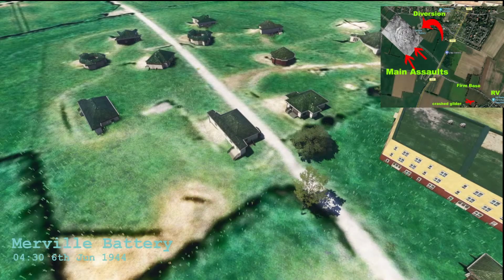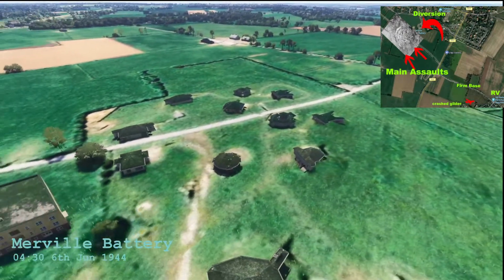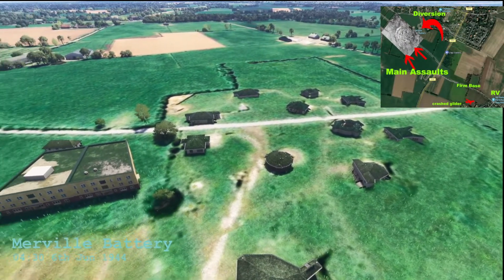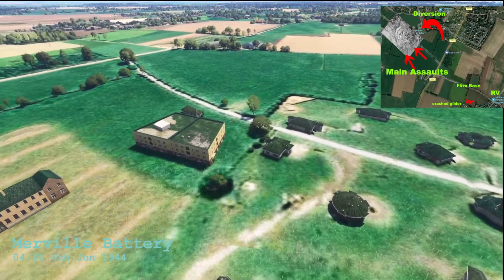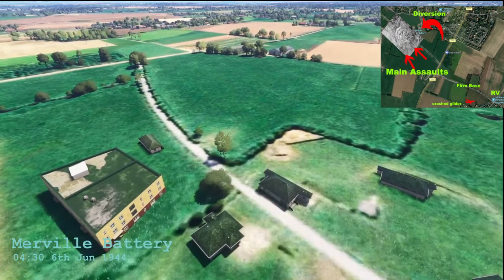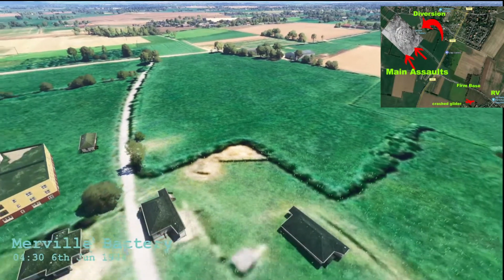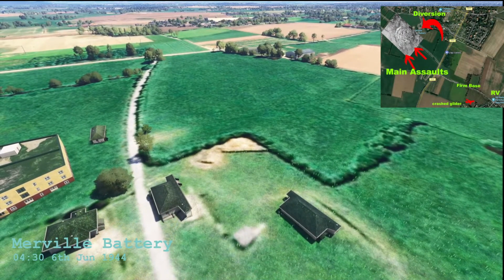So with time moving on, Otway decides that the best thing to do is to gather up his prisoners, and he orders them to basically walk in front of him through the minefield.